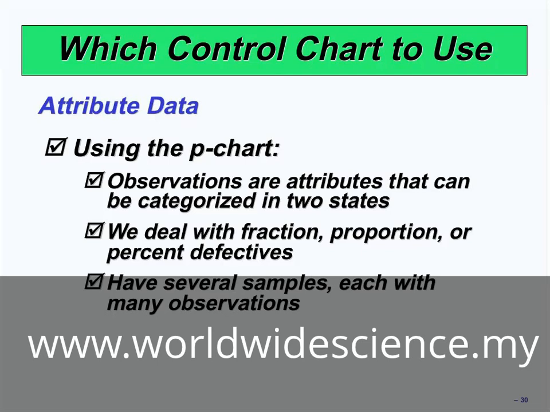And the number of defective in each hour divided by the sample size in that hour gives you the fraction defective that we calculated for each hour, in hour number 1, hour number 2, hour number 3 until hour number 20.